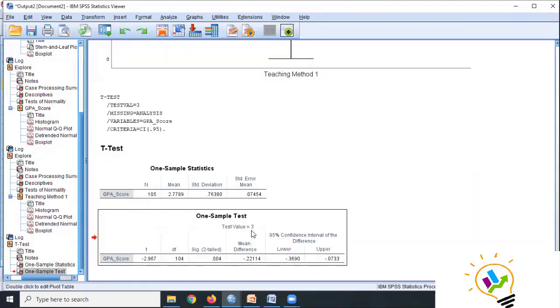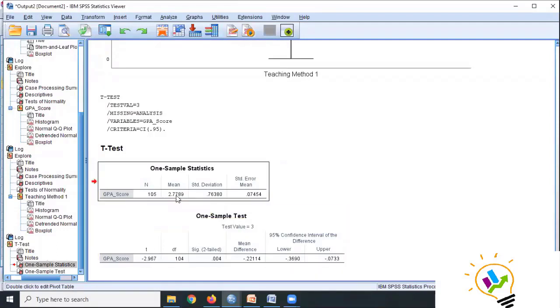And I'm having a null hypothesis saying that there is no difference between true mean and test value. True mean is 2.7789 and the test value is 3. My null hypothesis is there is no significant difference between the true value and the test value.